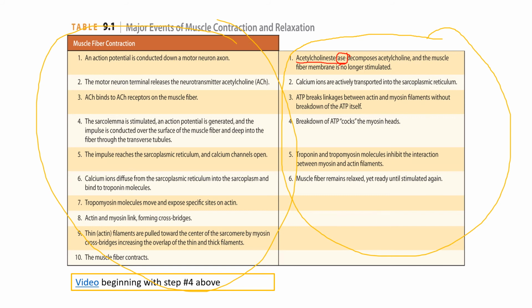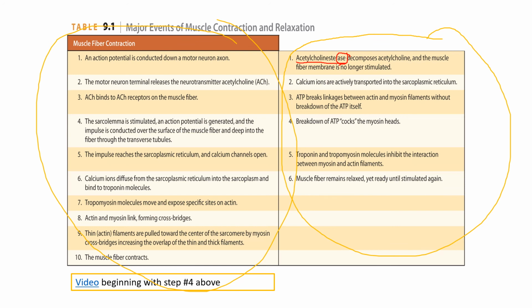So this particular enzyme is released at that neuromuscular junction, as the video talked about, and that breaks down the acetylcholine. If you break down the acetylcholine, it won't have any way to combine with the receptor there on the folded sarcolemma, so you won't generate a muscle impulse. If you don't generate a muscle impulse, then the calcium ions that were released, remember, in response to a muscle impulse, are no longer stimulated to be released by the SR.